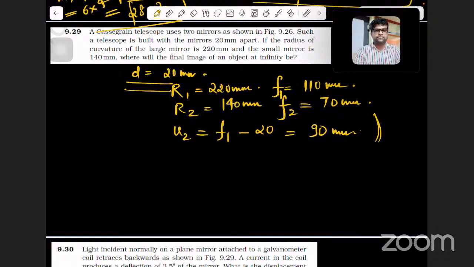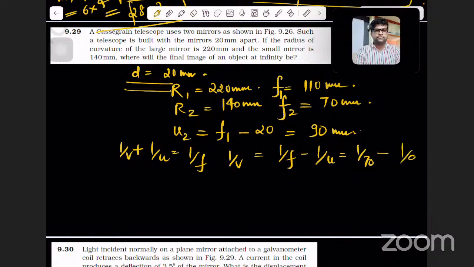Now for the secondary convex mirror, if we apply the mirror formula, 1 by V plus 1 by U is 1 by F. So 1 by V is 1 by F minus 1 by U, 1 by 70 minus 1 by 90, which is 2 over 630.